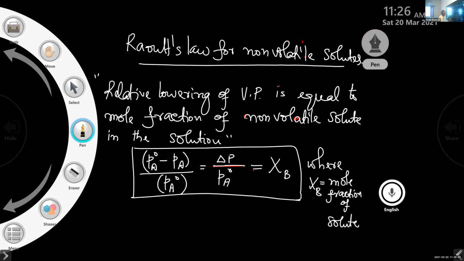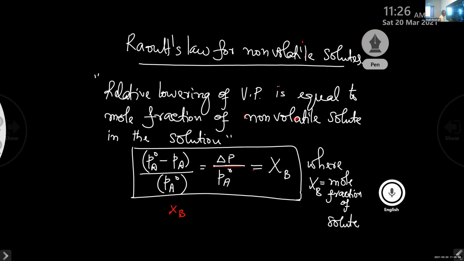You know, XB is equal to the mole fraction of the solute, which is NB by Na plus NB. You should not write just NB by Na. That is XB.